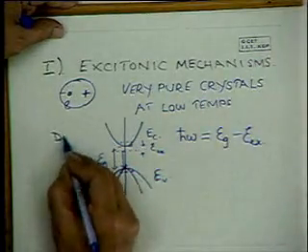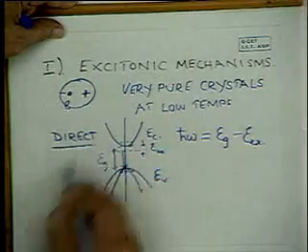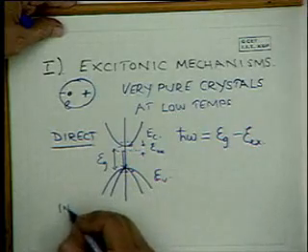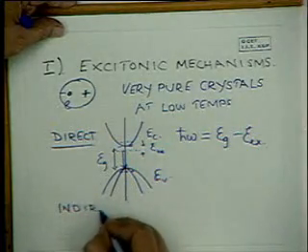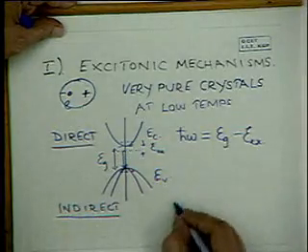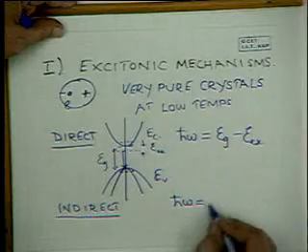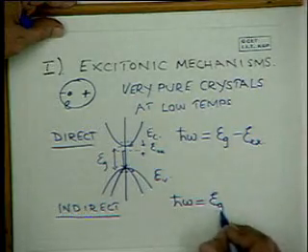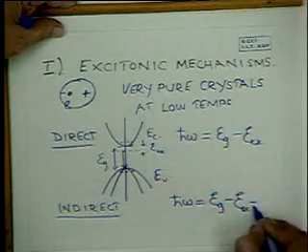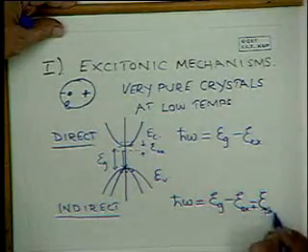This is for a direct gap semiconductor. For an indirect gap semiconductor, this mechanism is much less probable, and the energy H cross omega is equal to Eg minus E exciton minus or plus the phonon energy involved.